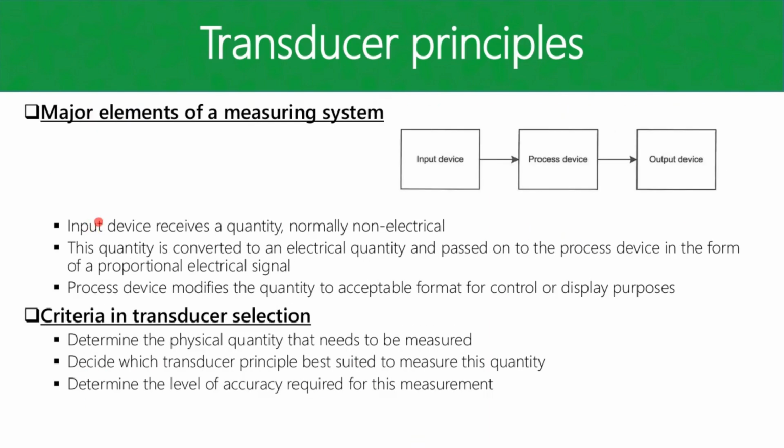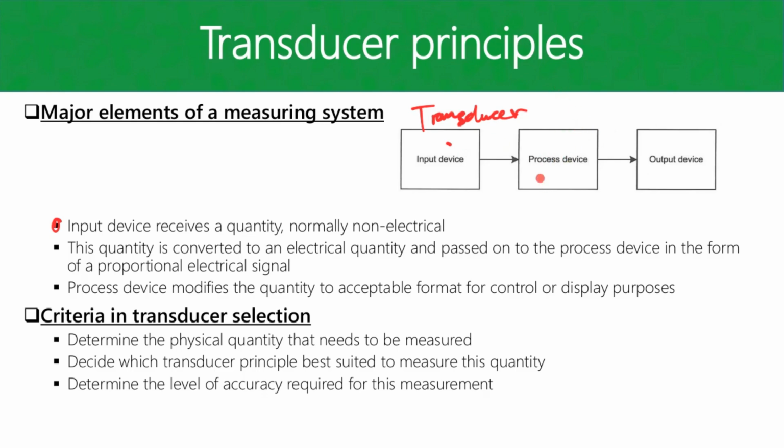Okay, so the three major elements in a measurement system would be your input device. Your input device in this case is going to be your transducer, and that's usually going to measure or receive a quantity that's usually non-electrical. Then your second major element here would be your process device.